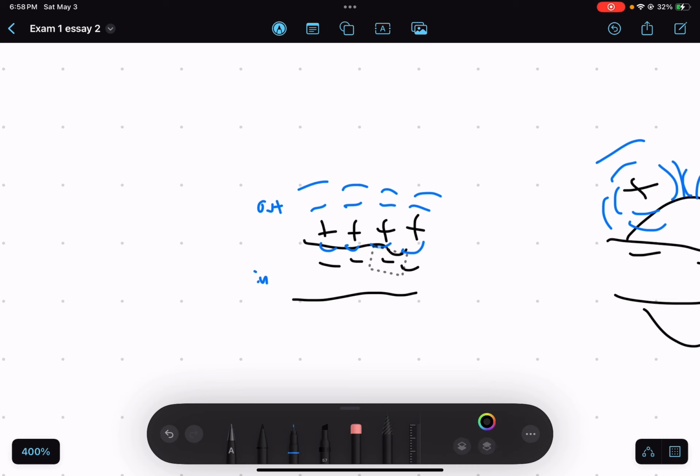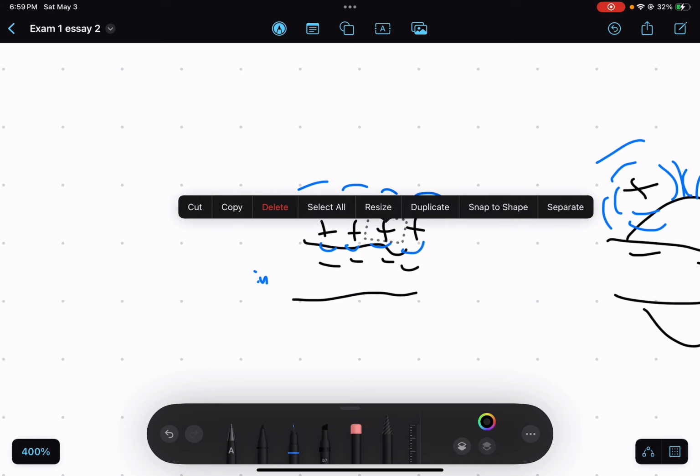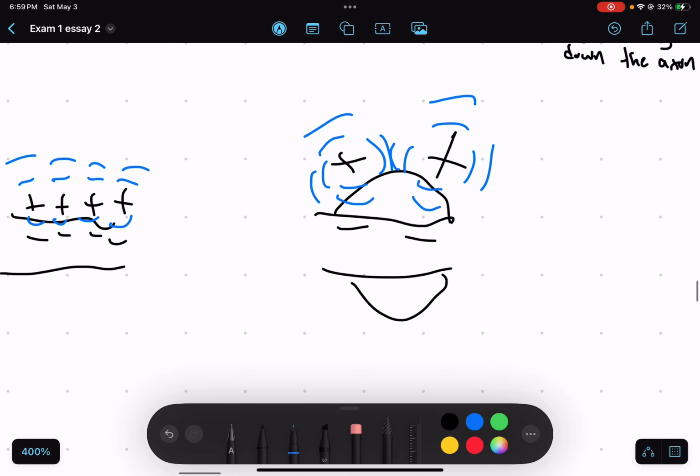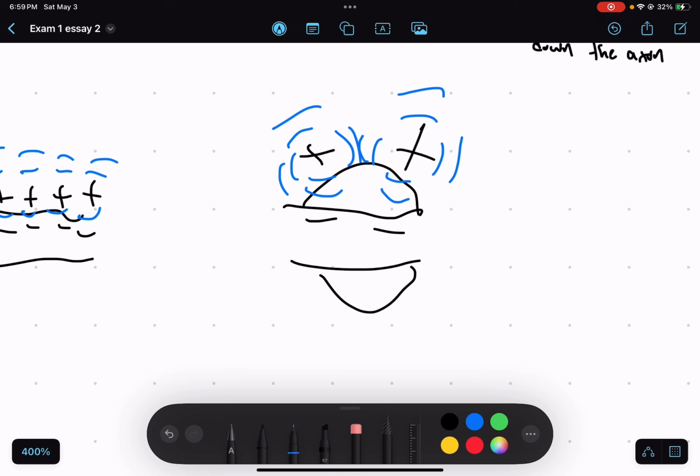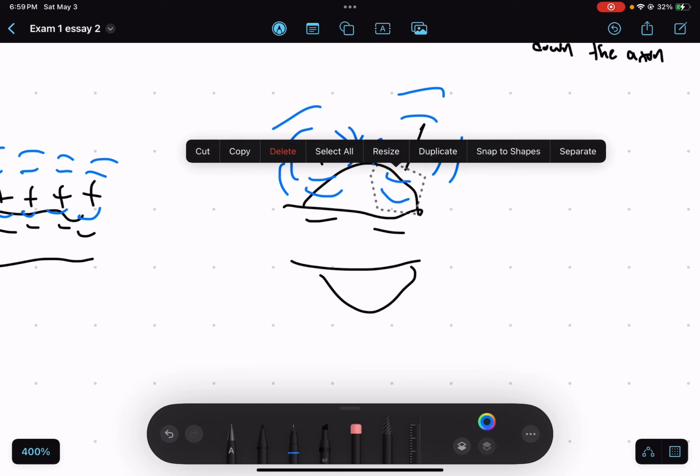So this negative charge is going to take up some of that electrical field that the positives have, and they are going to allow more positives to be next to each other because that electrical field is not repulsing each other as much.